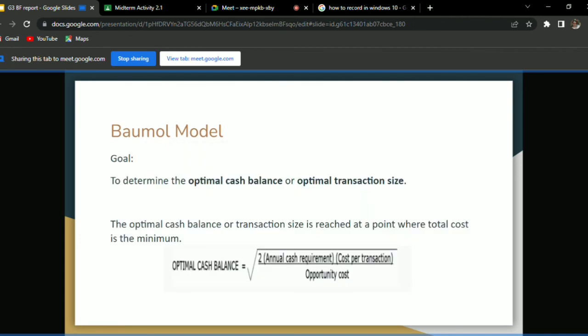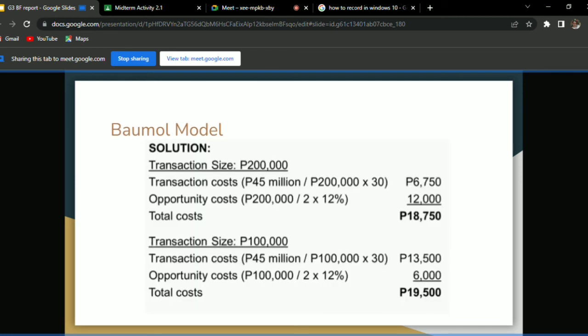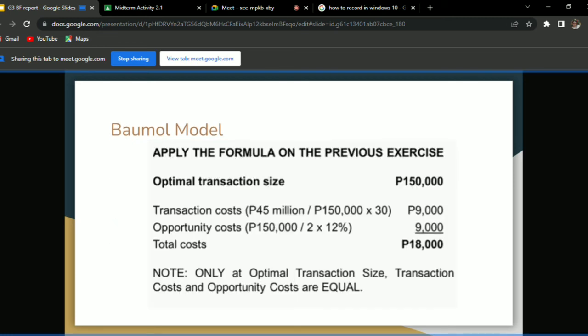Pero sa optimal cash balance nato, equal sila. So, diri ra gyud nimo makuha nga equal silang duha if imo ning gamiton ang formula. Nya, makabantay sad mo nga ang Baumol model nga optimal transaction size maka-generate og mas gamay nga total cost. So, that's it. Thank you.